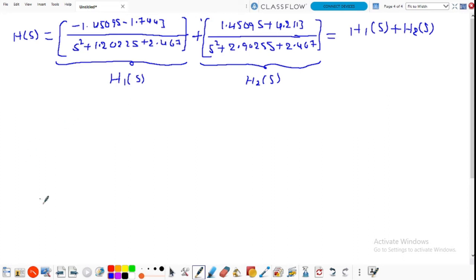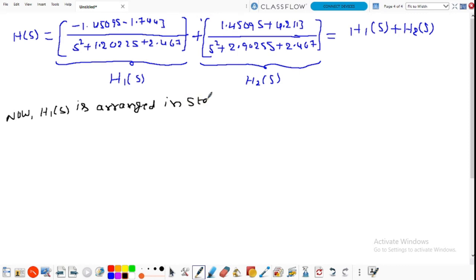Now H1 of S is arranged in standard form.